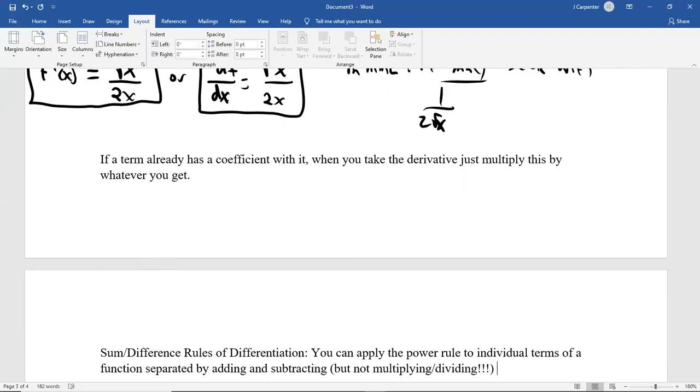Three exclamation marks there. So coefficients just get multiplied by whatever you get with the power rule process. If you have multiple terms, just take the derivative of the individual terms. You apply the power rule to the individual terms. That's all it is.